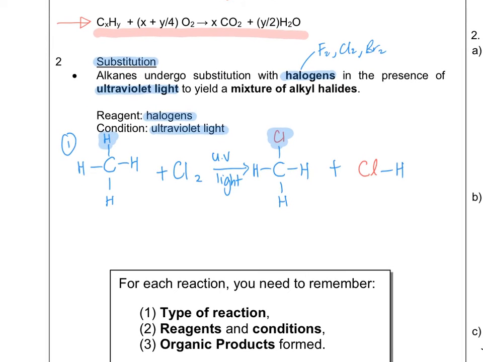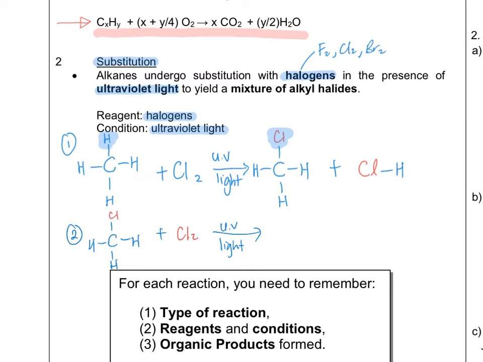Now if I have plenty of chlorine, meaning I can still carry on my substitution reaction. So if this is what I have from here, I continue with more chlorine. Still UV light must be present.